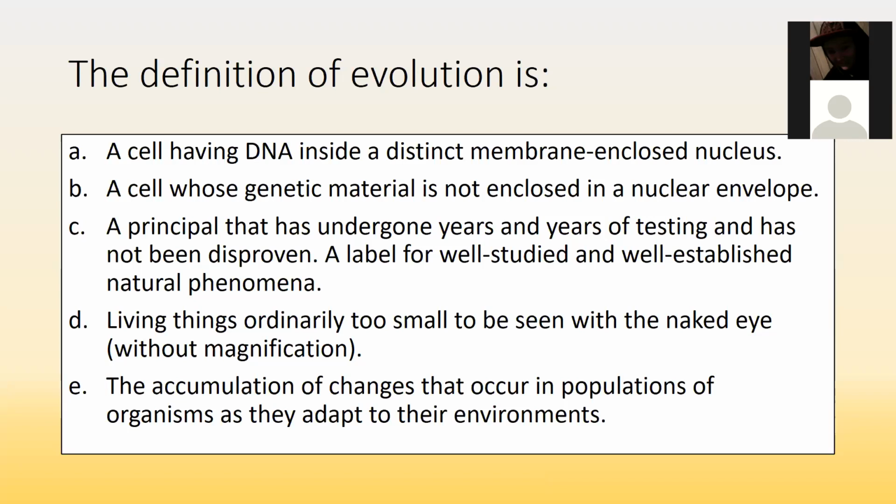D is a label for well-studied, well-established natural phenomena. E is living things ordinarily too small to be seen with the naked eye without magnification. And the last one is the accumulation of changes that occur in populations of organisms as they adapt to their environments.